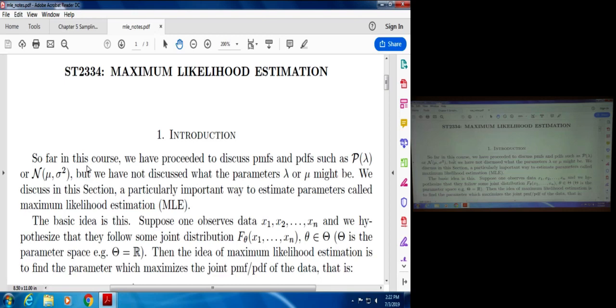why it's useful. The application of this notion of a random sample is in the estimation of parameters. We've seen frequently probability density functions and probability mass functions, such as the Poisson or the Gaussian. But we've never really worked out what these parameter values are.